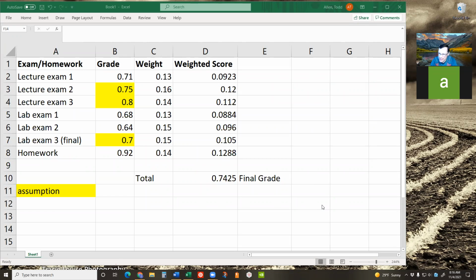So if you understand this, now you know what you can do for the remainder of the term: every time you get a new exam grade, you can pop it into this calculation and update where your current grade is probably going to be with the remaining assumptions of the semester. Okay, so you can continue to track your progress for the remainder of the semester to see how well you're doing.